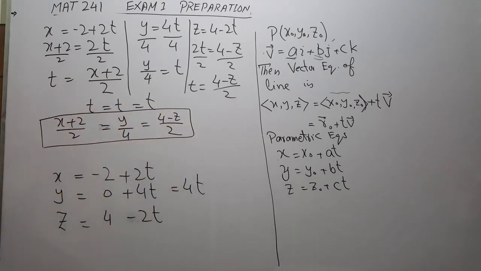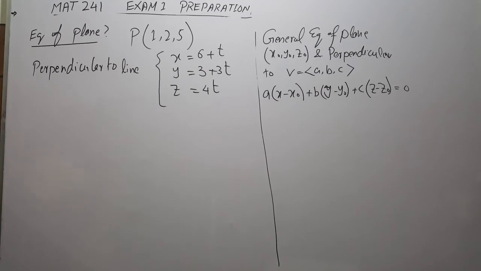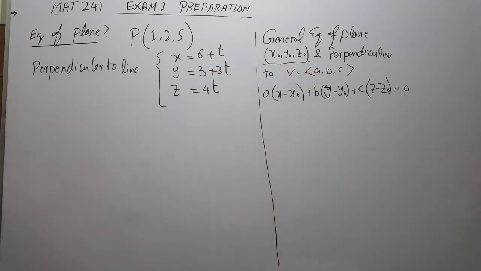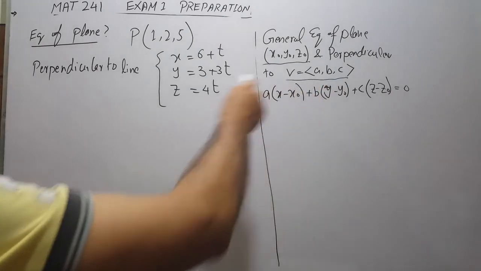So if you are given any question of this type, you should be able to solve them. Okay, the next topic is finding the equation of a plane that passes through some point and is perpendicular to some vector.